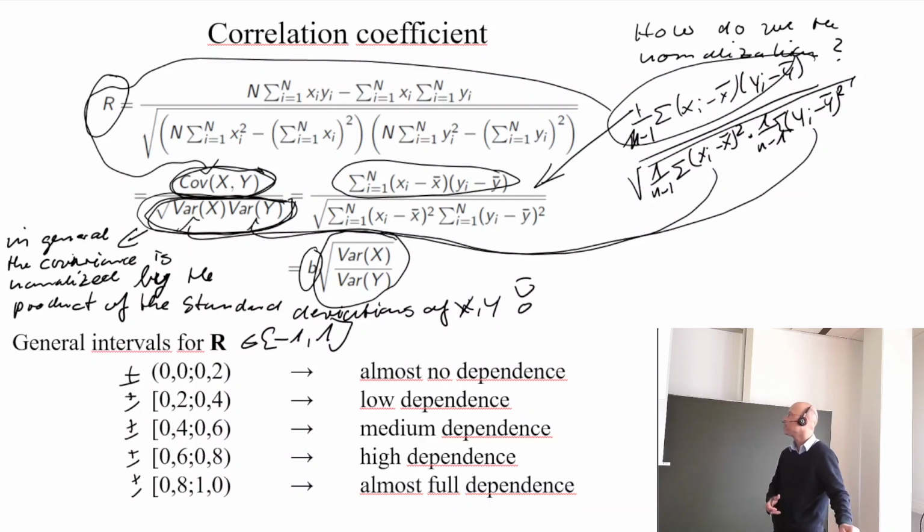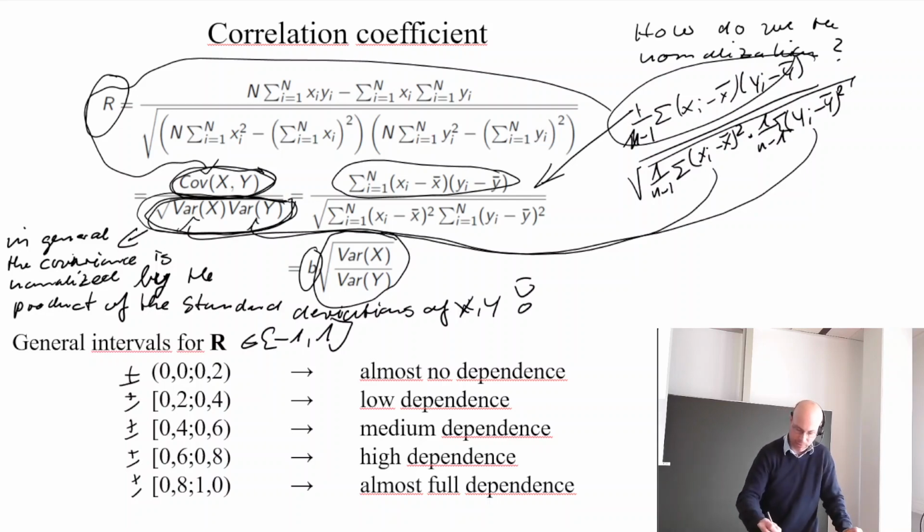In general, but this is of course only a rule of thumb, because when interpreting your correlation coefficient, you also have to consider your setup, because sometimes you only expect an R of 0.3 or something like this, and then you are already very happy to show at least some dependence.